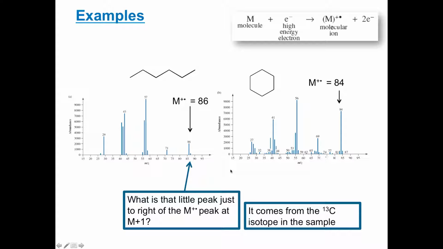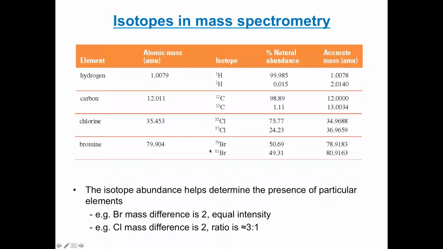So this idea of isotope patterns is actually really valuable in mass spectrometry. We can get a lot of info out of the isotope patterns. Hydrogen is not so useful in terms of isotope patterns, because almost 100% of the hydrogen natural abundance is hydrogen-1. It gets more interesting with carbon, because then you've got a 1% abundance of carbon-13, which starts to become meaningful in the mass spec and we can detect that difference.